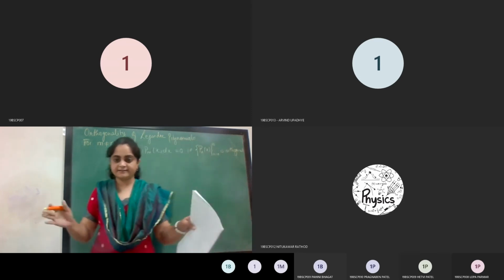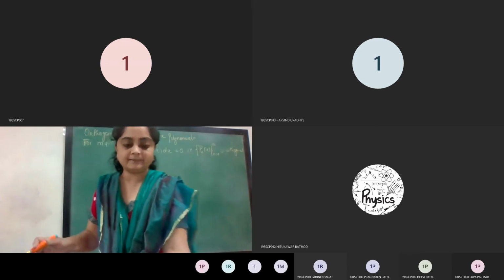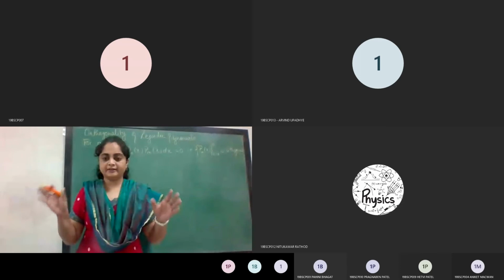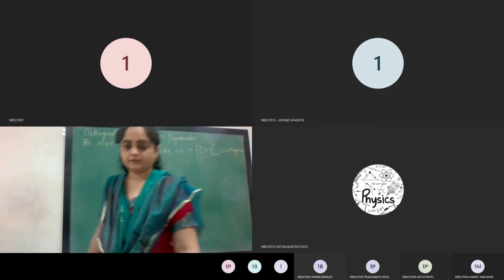So within the interval -1 to 1, Legendre polynomial आप कोई भी लोगे for different values of n, तो उसका प्रोडक्ट हमेशा आपको इंटीग्रेशन में 0 ही मिलेगा, right?